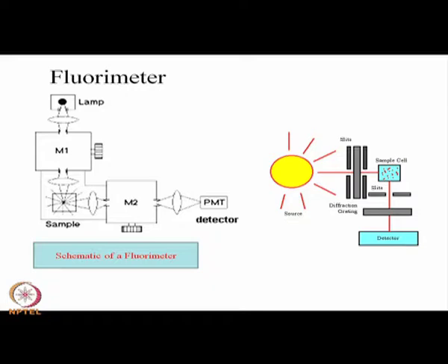As I told you, this light source is generally a high pressure xenon lamp. It has got a huge spectrum that encompasses both UV and Vis region, from 200 nanometer up to say 900 nanometer.